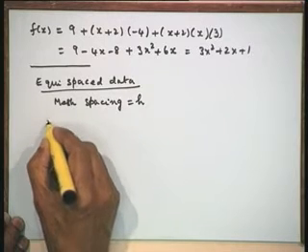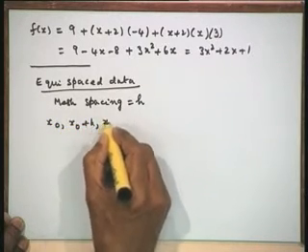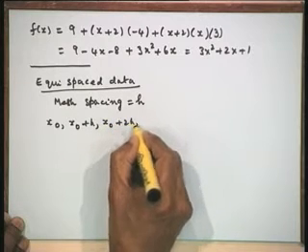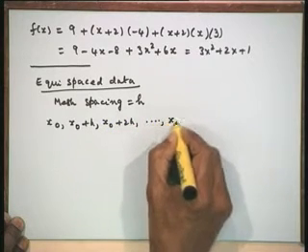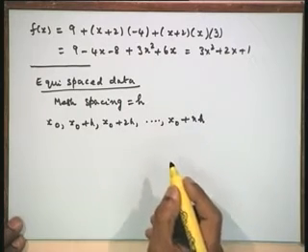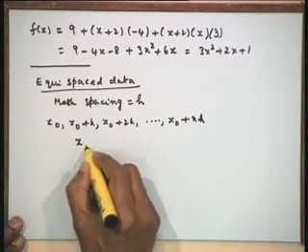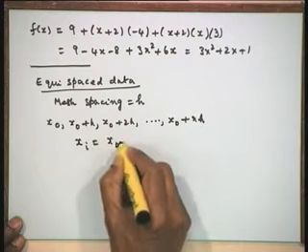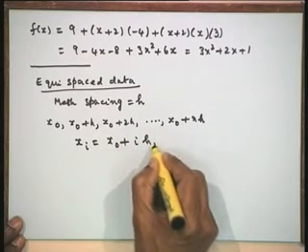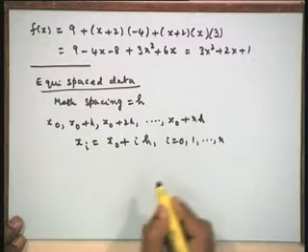That means, we are talking about the points as x naught plus h, x naught plus 2 h, and so on, x naught plus n times h. So, we are talking of the points as x naught, x 1, x 2, and so on. That means, we are talking of the points as x i is x naught plus i h, i equal to 0, 1, so on up to n.